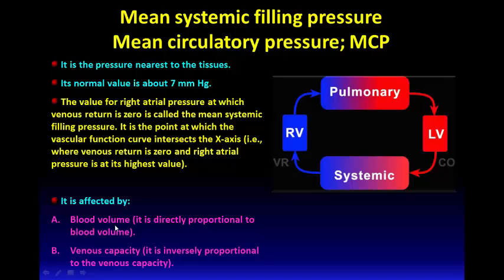The blood volume directly affects the mean systemic pressure. So the mean systemic pressure is directly proportional to the blood volume. As blood volume increases, the mean systemic filling pressure also increases. The other factor which affects the mean systemic filling pressure is the venous capacity.